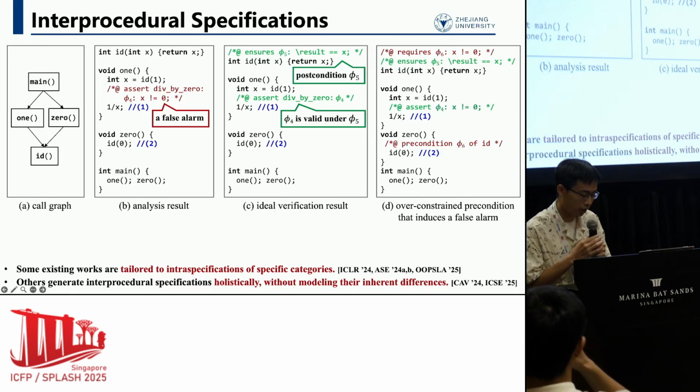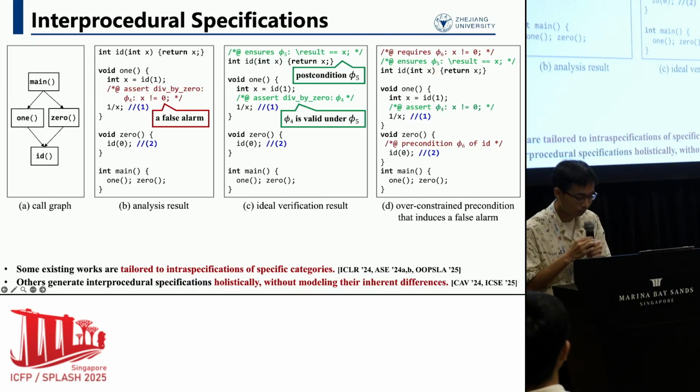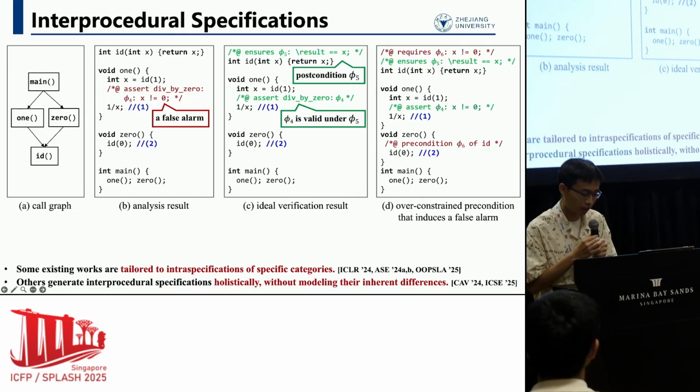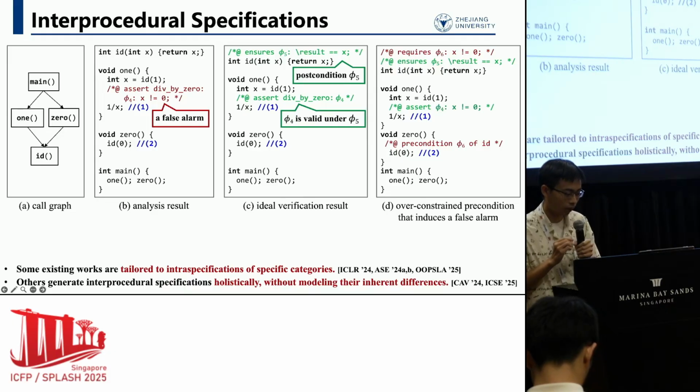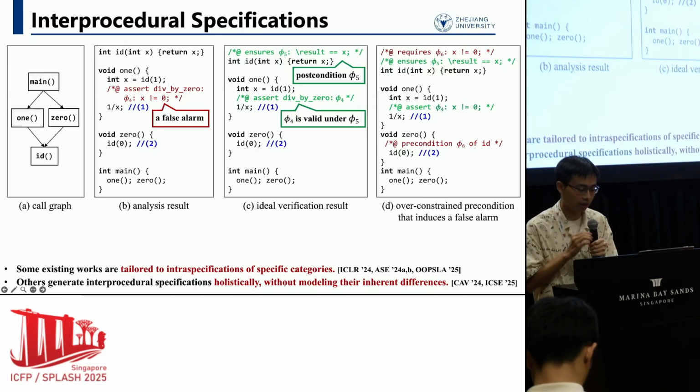As subfigure D shows, if an LLM sees the alarm in function 1, it might be misled and generate a precondition 5.6, stating its input cannot be 0.